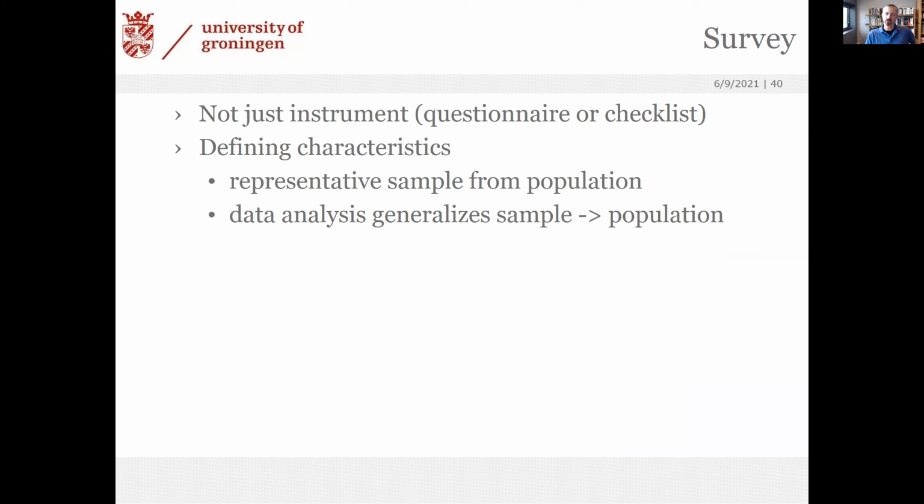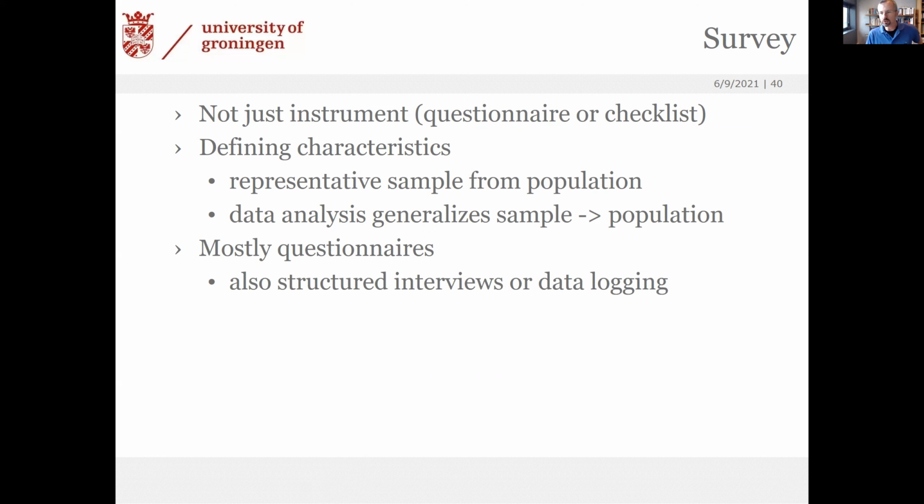So the idea here is that you take a sample. You cannot ask all of the architects in the entire world, but you can take a sample of 50, 100 architects, and then try to ask them some questions that allow you to generalize from this sample to the rest of the population to which this sample belongs.